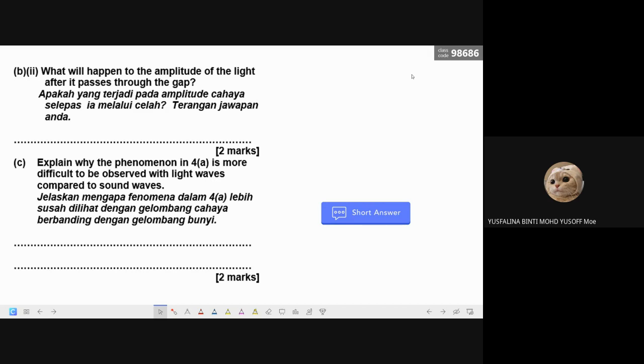Okay, so what's your answer for B2? What happened to the amplitude of the light after it passed through the gap? So we already know for diffraction, before and after the wave is being diffracted, the speed, the wavelength and the frequency are the same, but the only thing that changes is the amplitude.